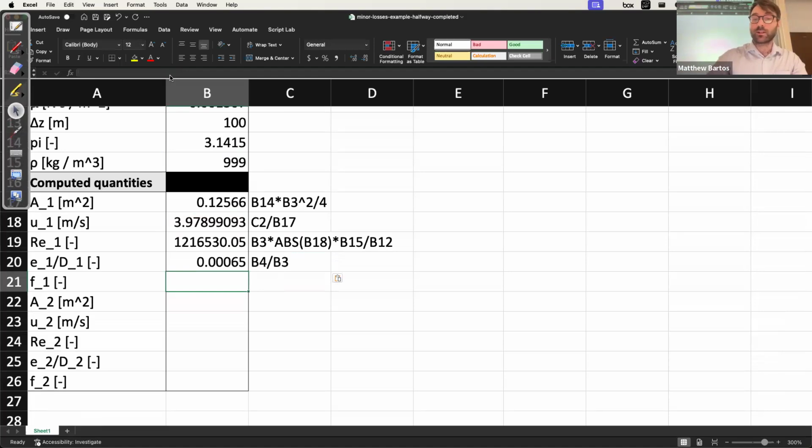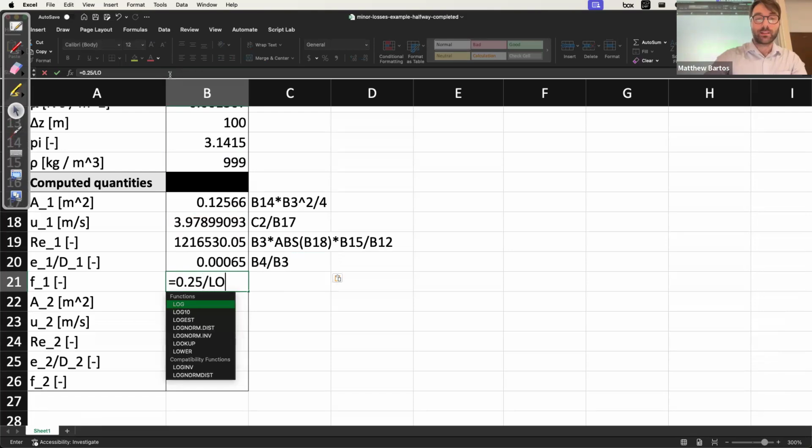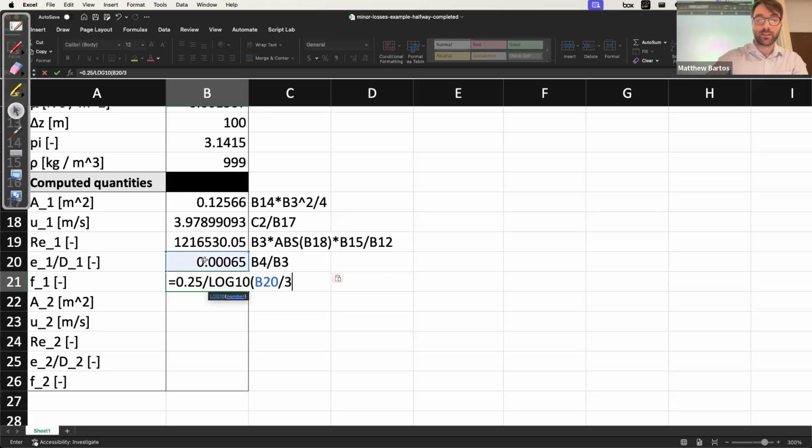The Swamee-Jain approximation for the friction factor is 0.25 divided by the log 10 of E1 over D1 divided by 3.7 plus 5.74, is that right? Yes, 5.74 divided by the Reynolds number to the 0.9 power, all squared.